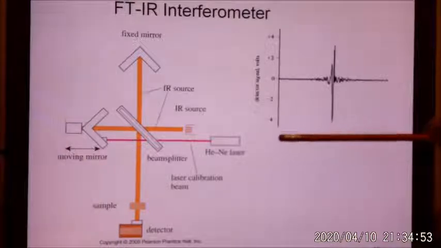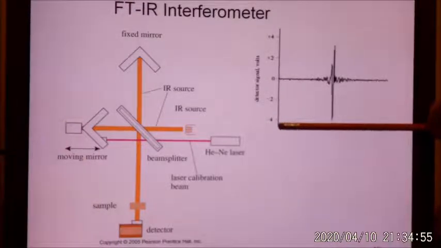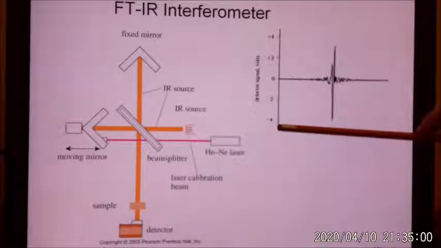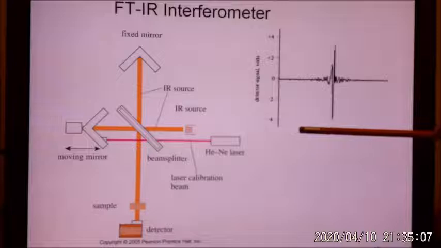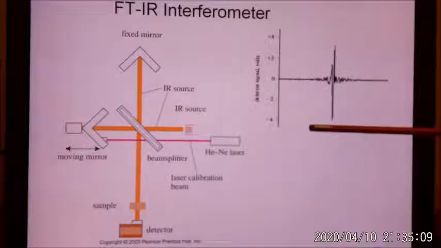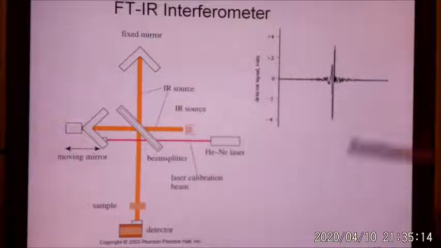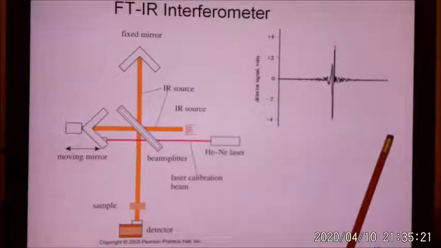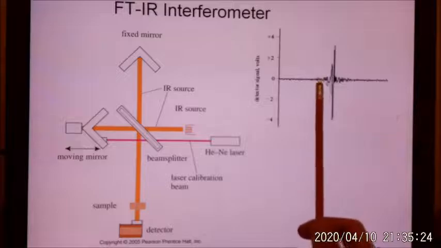So, if my x-axis is basically time, which is linked to the movement of my mirror, then as I'm linking it to the frequency of my helium neon laser, I move my mirror, and I'm out of phase, and I slowly go in phase, I go out of phase again. And this is called an interferogram. And what we have to do is convert it from my time to how many frequencies are in here.